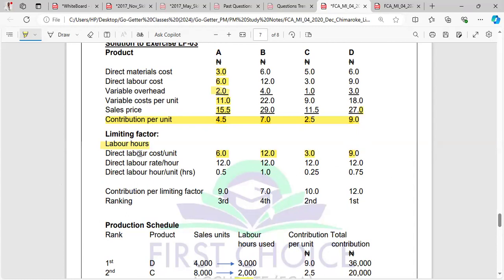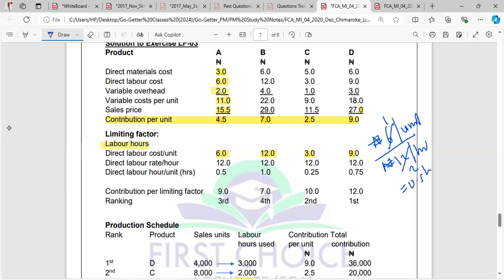And so what it means is that if you are giving 6 naira per unit and you are spending 12 naira per hour, then when you cancel year 1, cancel year 2 is 0.5 hours.